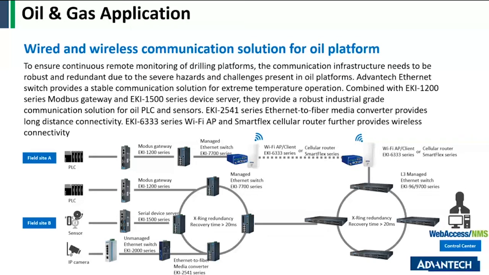And they use the cellular router to transfer the data from the site to the center. Okay, they have a backup by 3G, 4G, and they also have a fiber optical connection from the field side to the center.